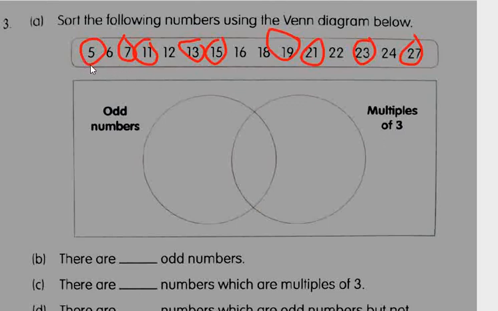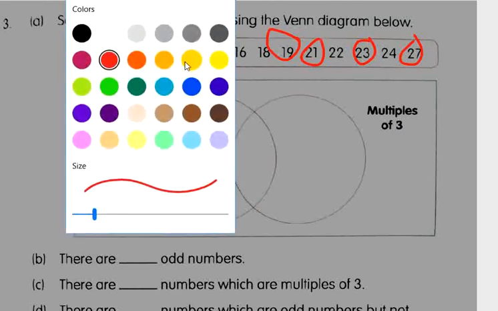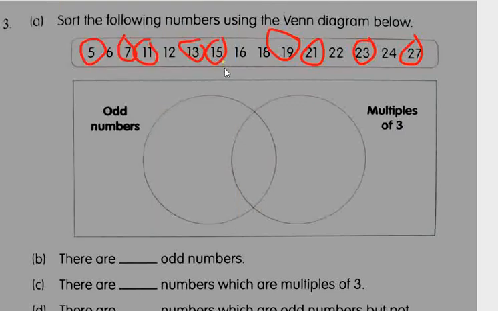Is 5 a multiple of 3? No, right? Is 7 a multiple of 3? No. 11? No. 13? No. 15? Is it a multiple of 3? How to decide? Just divide it by 3, right? 15 divided by 3. If it can be divided, then it is a multiple of 3.